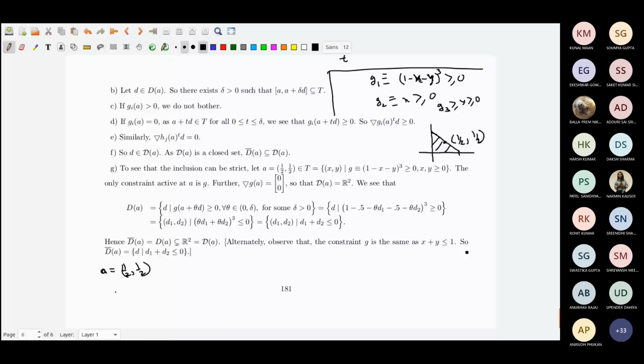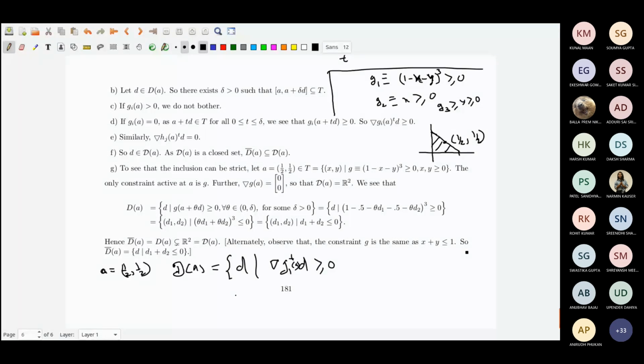So if I want to compute the linearizing cone at A, I would only say d such that grad G1 transpose d is greater than or equal to 0. Grad G1, of course, at A. Now what is A equal to? Half half. Now what do I do with grad G1?